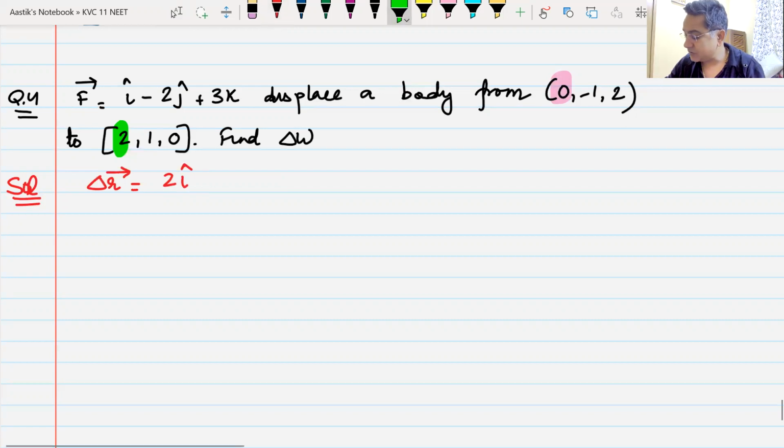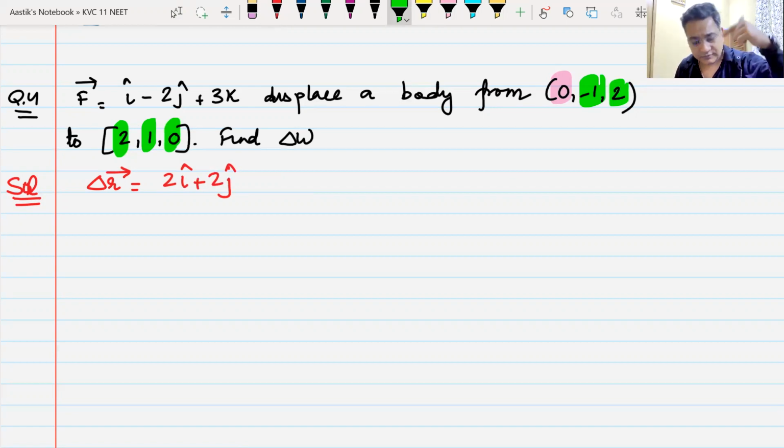Then the final position is 1 and the initial position is minus 1. 1 minus minus 1 becomes 2, so it becomes 2j. Then the final position is 0 for k and the initial position is 2. So 0 minus 2 becomes minus 2k. This is what I get as displacement.